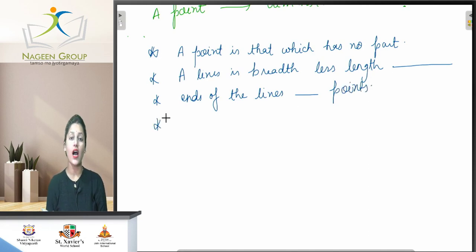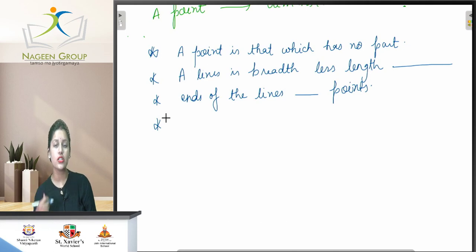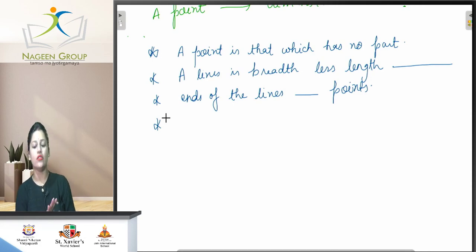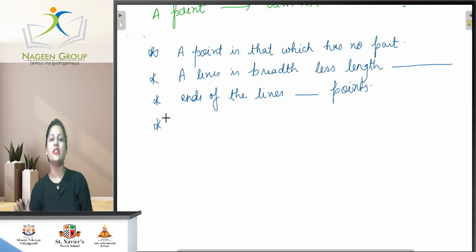These points come from the definitions of Euclid. I am telling you that these small points arise from the definitions only. If you have understood the definitions, then you are able to understand these points. A point is that which has no part, a line is breadthless length, the ends of a line are points.